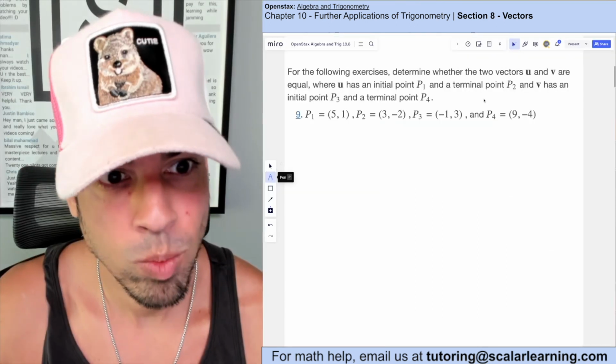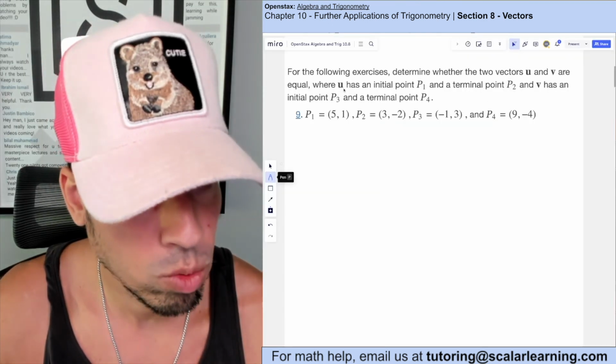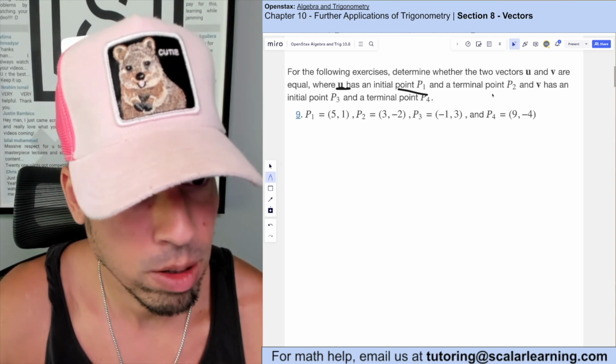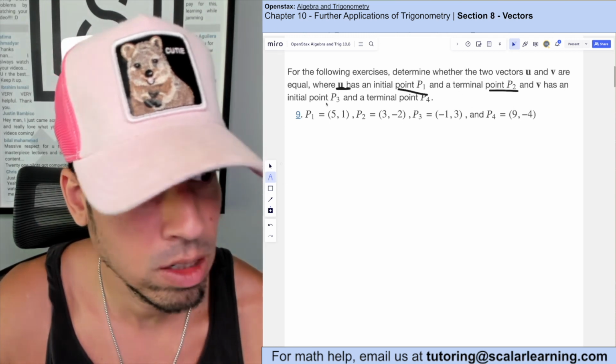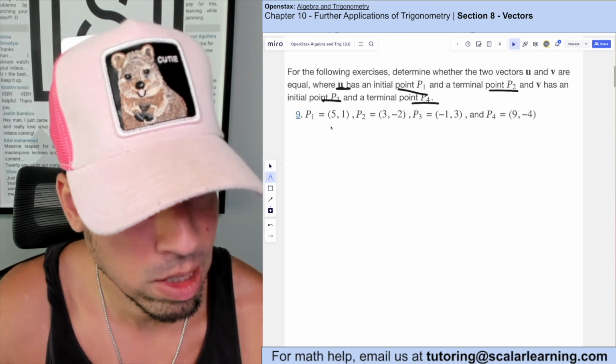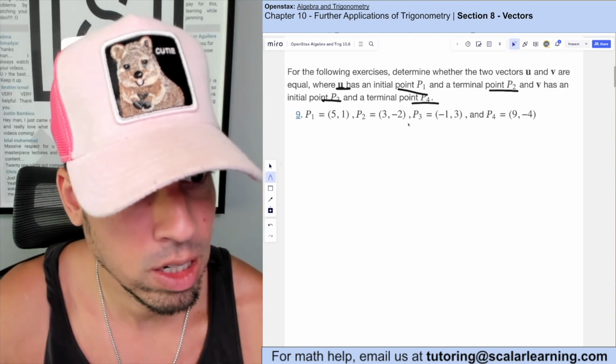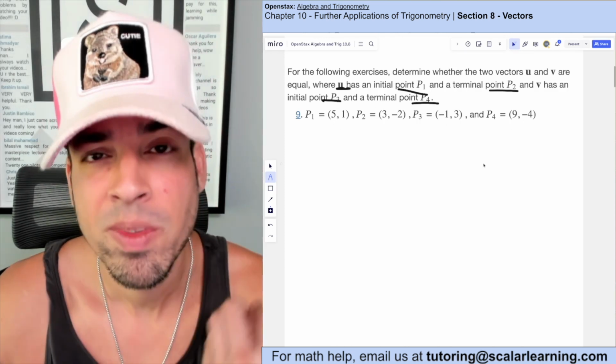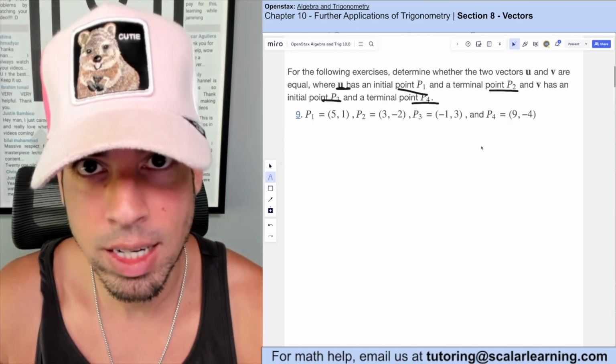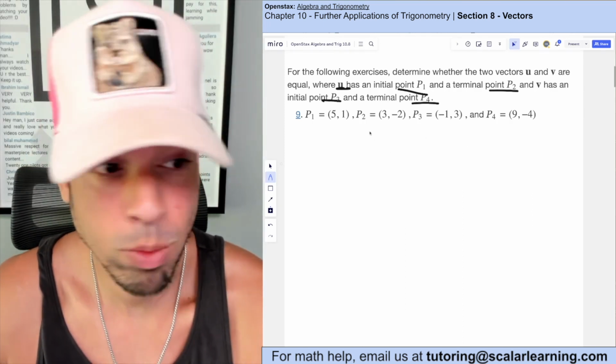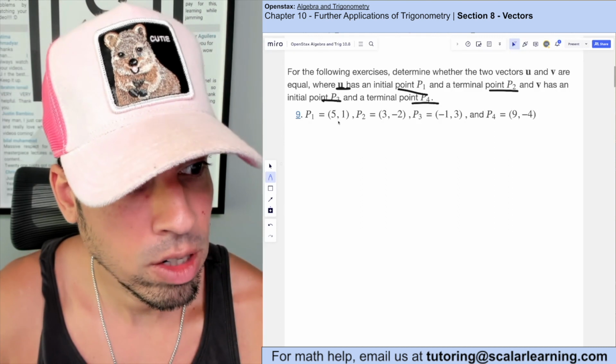Done. Determine whether the two vectors u and v are equal. u has an initial point at P1 and terminal point at P2. v has an initial point at P3 and terminal point at P4. So we're going from here to here, and for this one from here to here. Really what we're going to do is get the component form of each and see if they're the same. Let's look at P1 to P2.